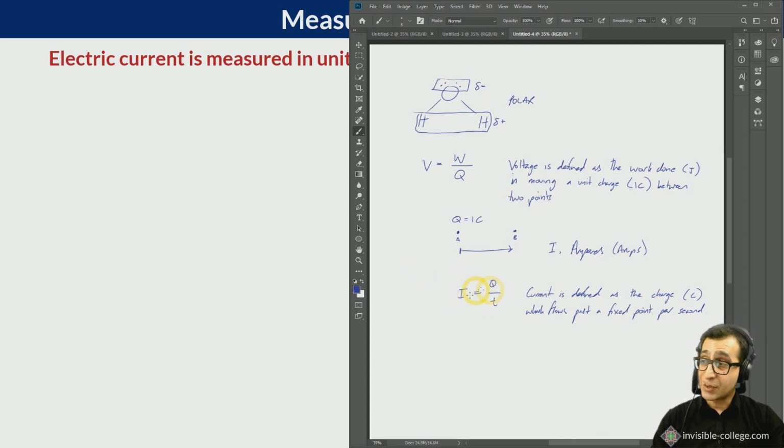This is a literal translation of the equation. Whenever you see a divided sign, we can translate that as being per something. So current is defined as the charge per unit of time, in the same way that voltage is defined as the work done per unit of charge.